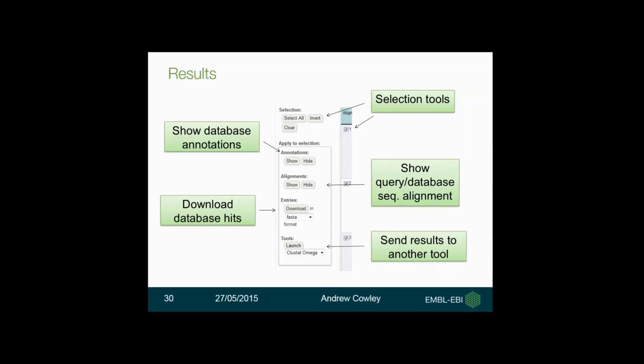And then we have a button to send the results to another tool. So you might have performed a BLAST search, found some sequences, and now you're interested in performing a multiple sequence alignment using something like Clustal Omega with the selected sequences.